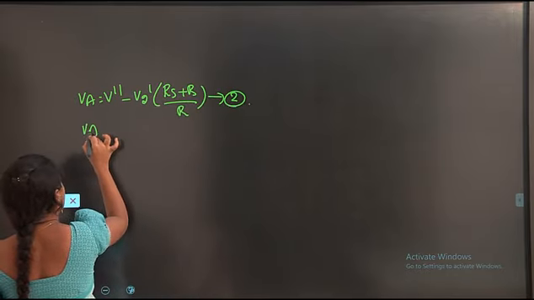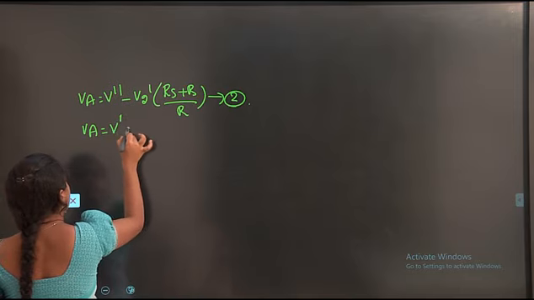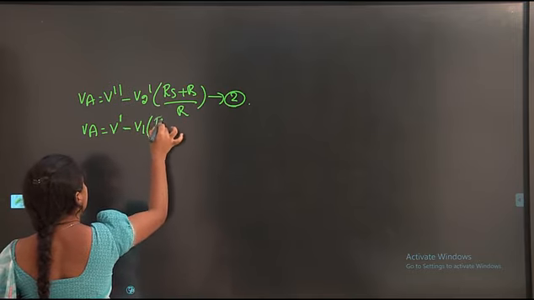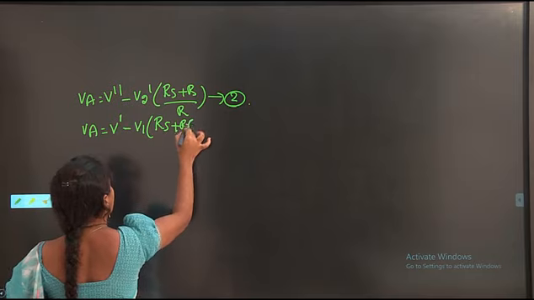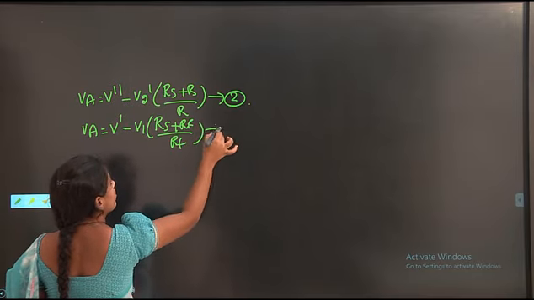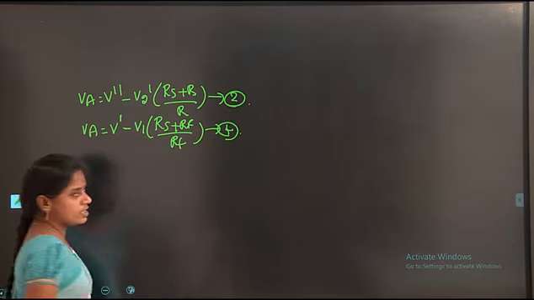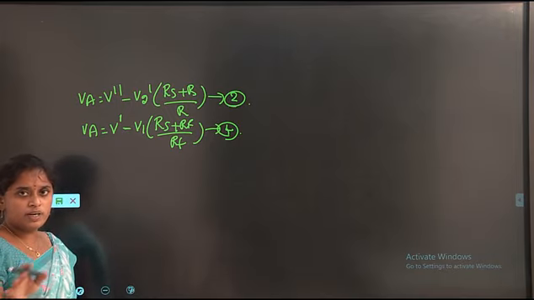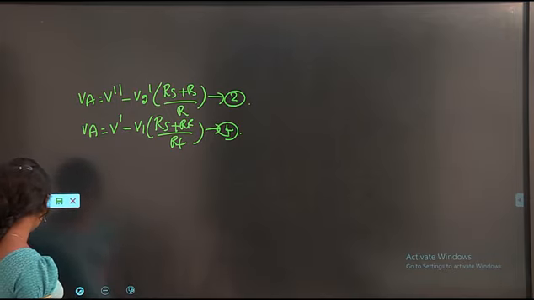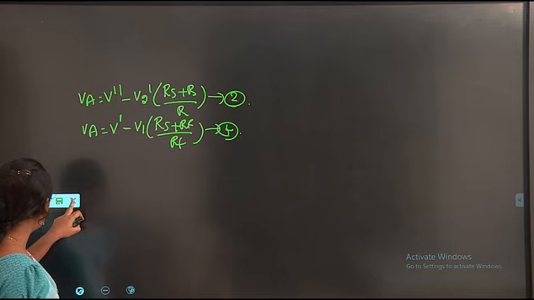And Va is equal to V dash minus V1 into (Rs plus Rf) by Rf. So this is also equation number 4. Whatever equations we require, we take those equations, and from that we have to solve the conditions.